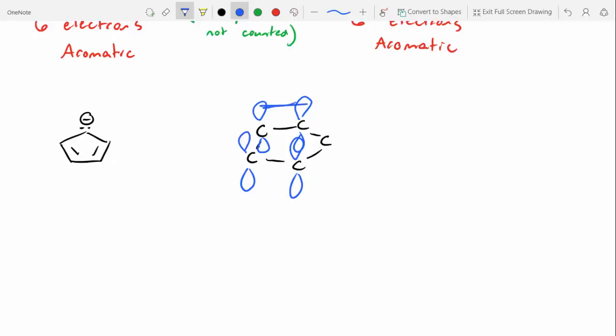So we've got one pi bond here. We've got one pi bond here. We've got hydrogens coming off of all of these carbons.